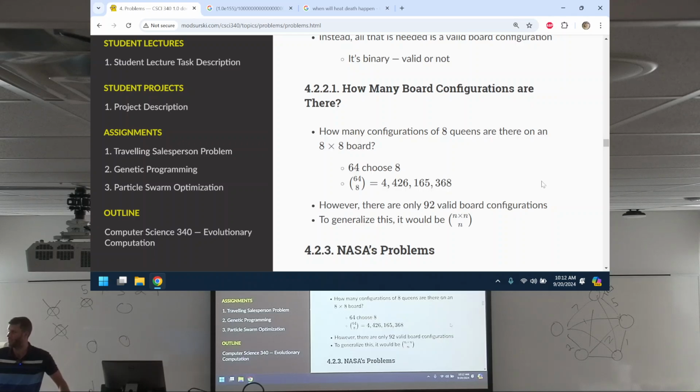However, there are actually only 92 valid board configurations. So of all of those possible configurations, only 92 are valid, which is interesting. So on an 8 by 8 chessboard, there are 92 possible configurations of n queens where they're never attacking each other. Is the problem clear?